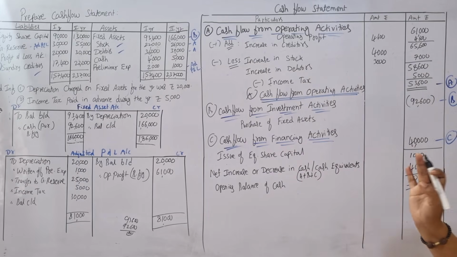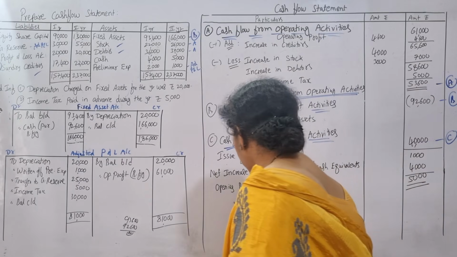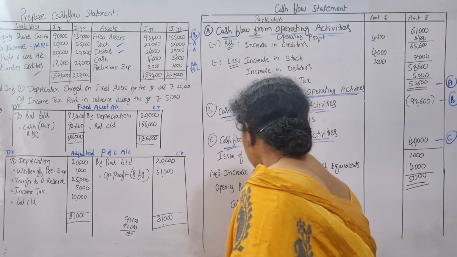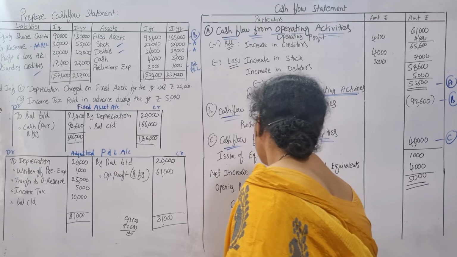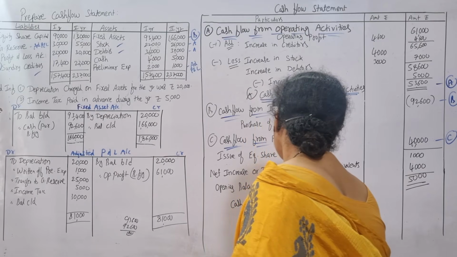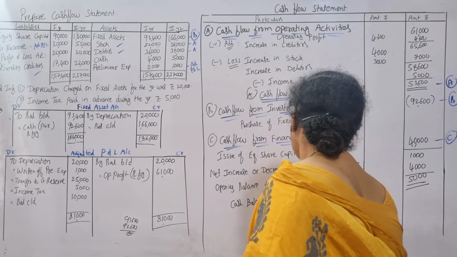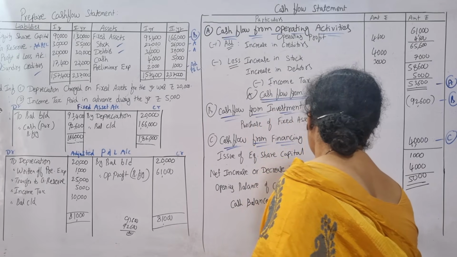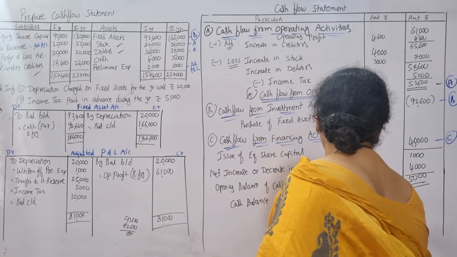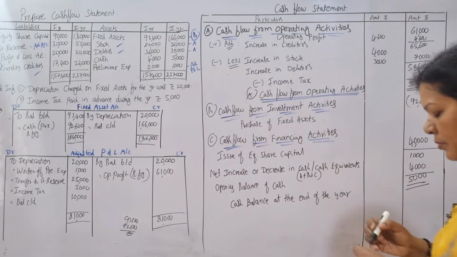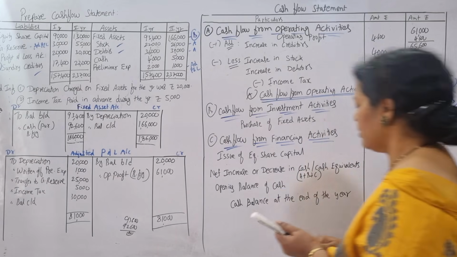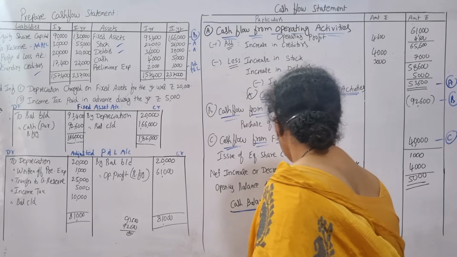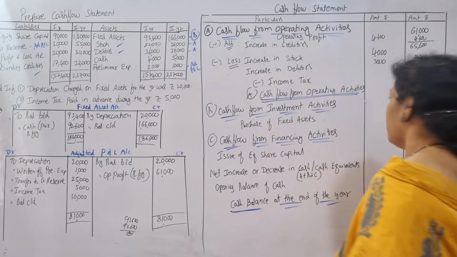Closing balance of cash, the cash balance at the end of the year. So this is the final value. Cash balance at the end of the year is 5,000.